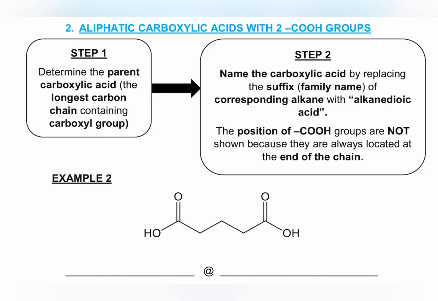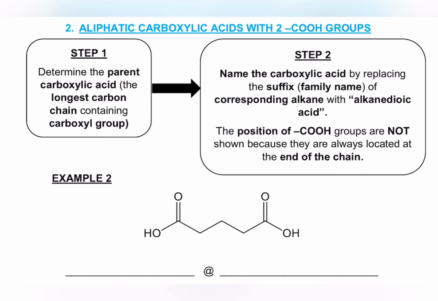And the next step, if you want to give the name for your carboxylic acid, you have to use the corresponding alkane as alkane dioic acid. So you have to determine how many carbon atoms for your alkane, and both ends must be ended with carboxyl group. So you have to realize here, carboxyl group will be always at the end of the chain, either at the left side or at the right side.